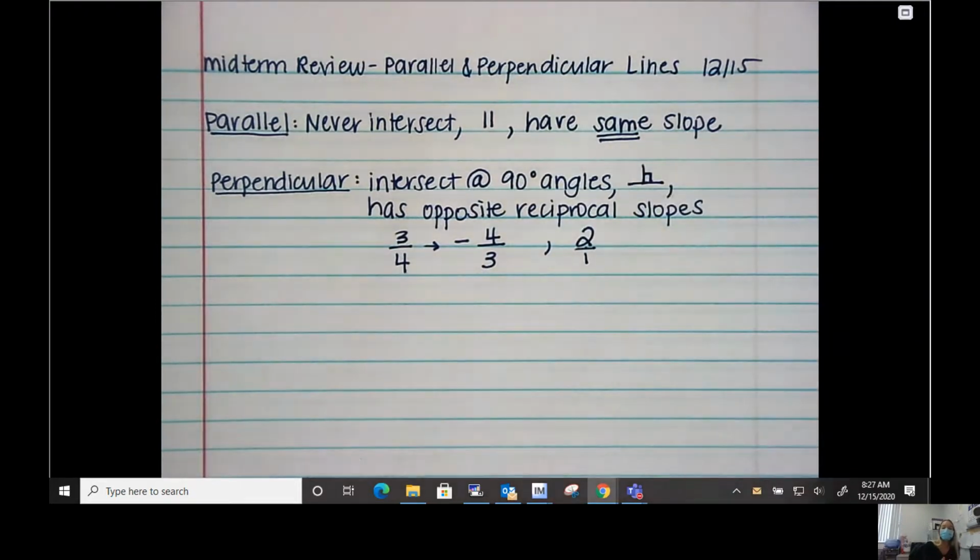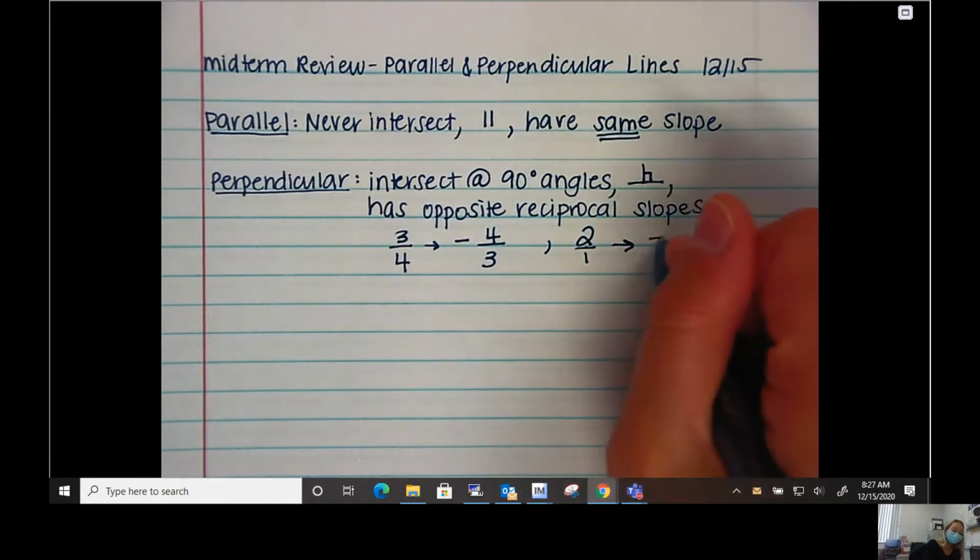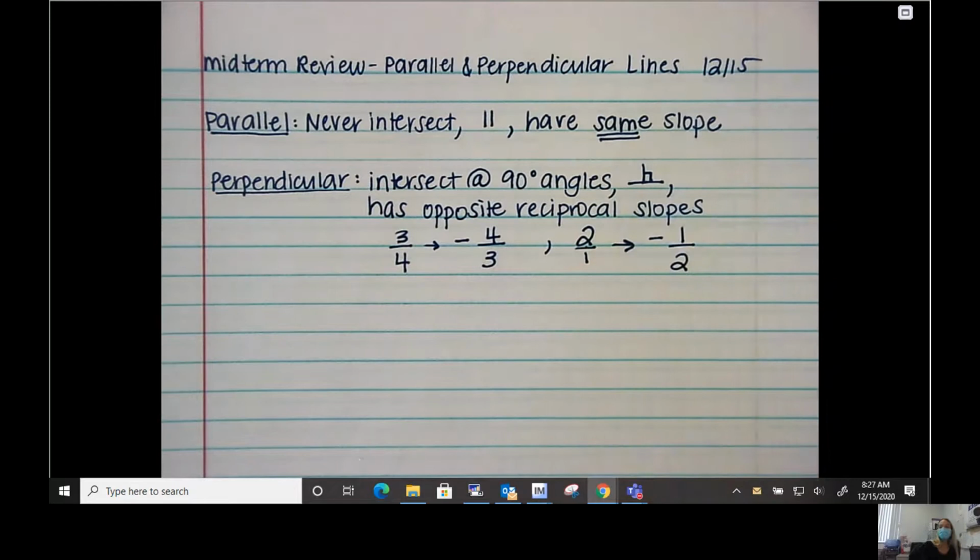So if I flip that fraction and change the sign, it becomes negative 1/2. Good. Okay, so parallel has the same slope. Perpendicular has opposite reciprocal. If that's the only thing you got out of it today, then that's good at the very least, because that is super important, and I know for a fact it's all over your midterm.